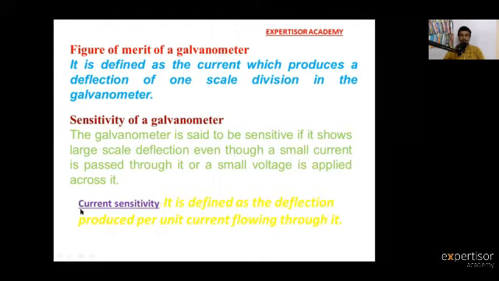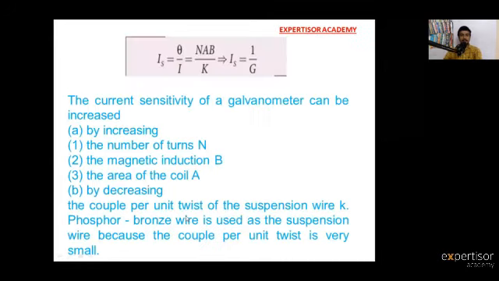Next, current sensitivity. It is defined as the deflection produced per unit current flowing through it. Current sensitivity Is is equal to theta divided by I, that is equal to NAB divided by K. So finally Is is equal to 1 divided by G. The current sensitivity of a galvanometer can be increased by increasing the number of turns, magnetic induction, and area of the coil, and by decreasing the couple per unit twist K of the suspension wire.